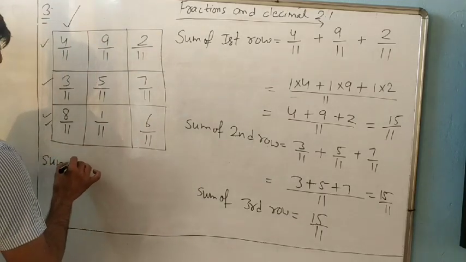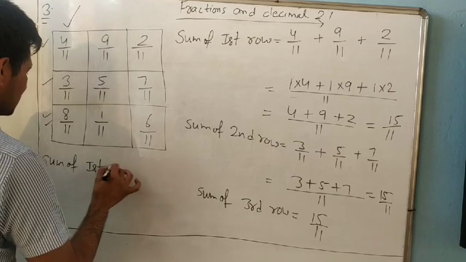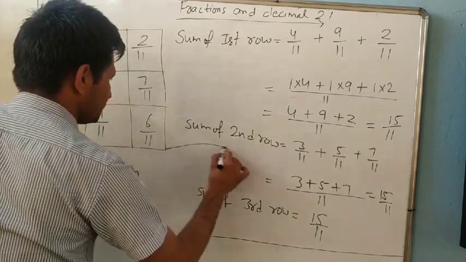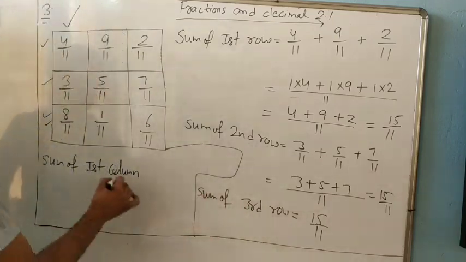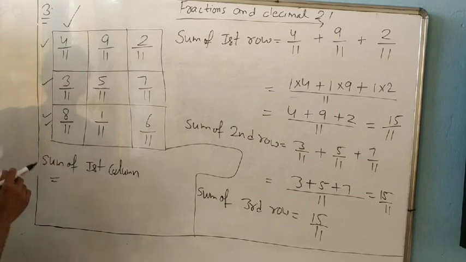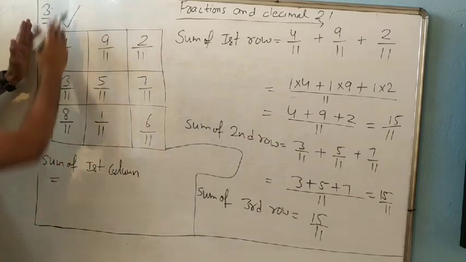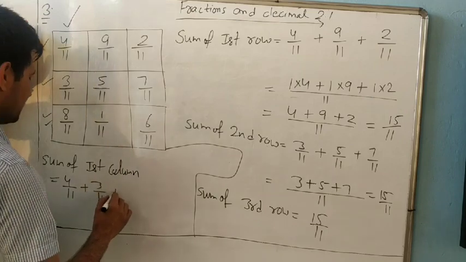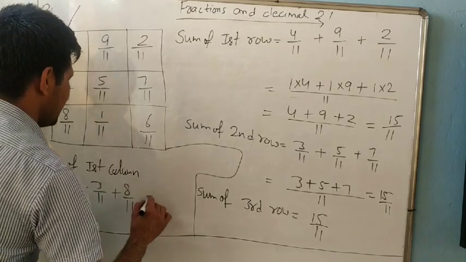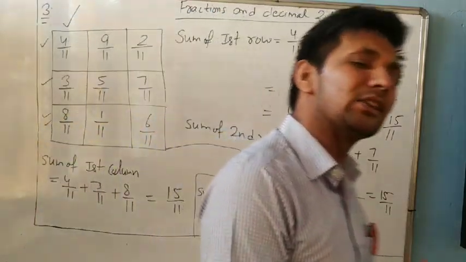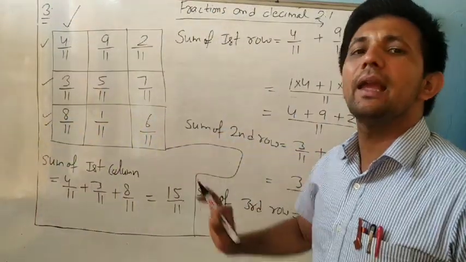So the sum of the first column, how much? Which one is the column? It is the column. First column: 4 by 11 plus 3 by 11 plus 8 by 11. It will come to 15 by 11.